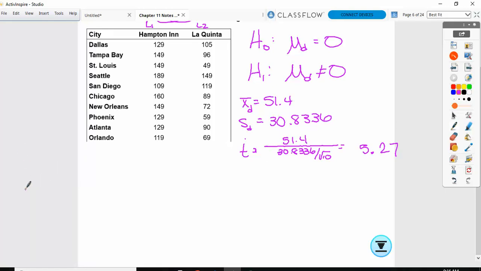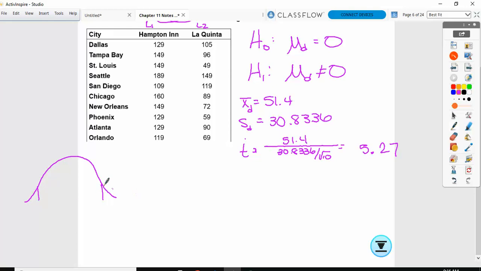And then we would have to use the table to get our t statistic. So our critical value, we knew that alpha was 0.05 in this problem. If you look at your t distribution, alpha is 0.05, but we're splitting it up into two tails because it was a two-tailed test.